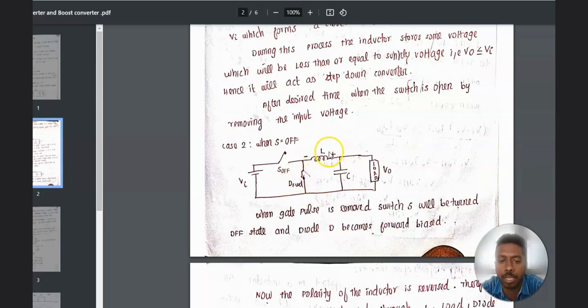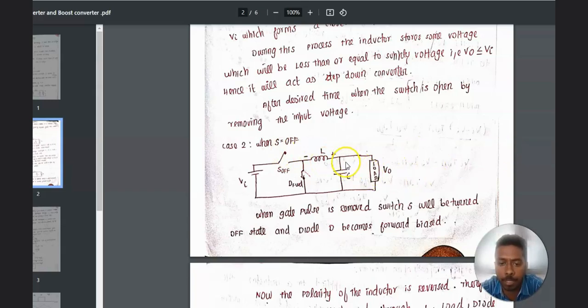Therefore, the inductor discharges through this loop, through the load, the PN junction diode, and again to the inductor. This process will be continued. We can simply say that in case 2, when the switch is off, that is, when the switch is released, the inductor discharges.